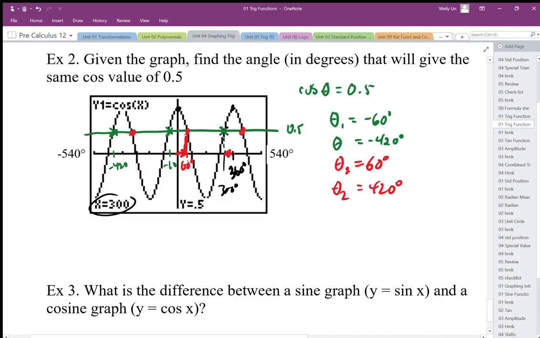Then I can go backwards 360 degrees here. That's not quite to negative 360, and that ends up at negative 300 degrees. So my last position is negative 300 degrees. There they are. I've got all my positions that give me this cosine value of 0.5.